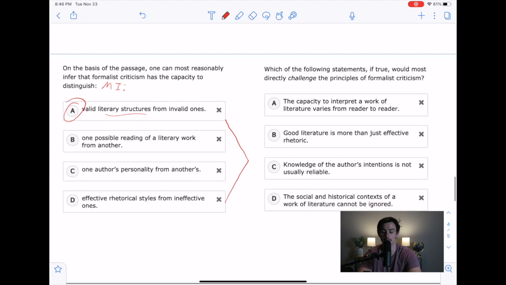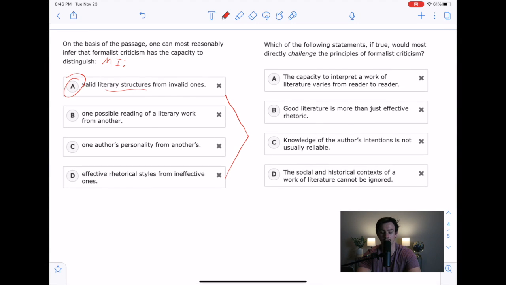This last one says, which of the following statements, if true, would most directly challenge the principles of formalist criticism? Okay, so which of these, if true, hurts my main idea the most? So this is actually a sneaky main idea question. A says the capacity to interpret a work of literature varies from reader to reader. Well, we acknowledge that. We just said that we're forced to make an assumption to accommodate for that.